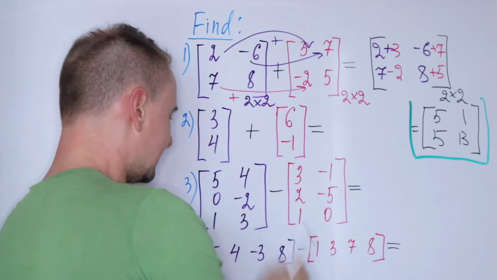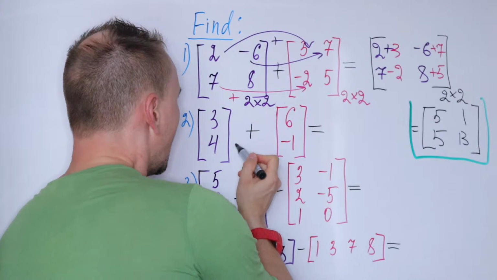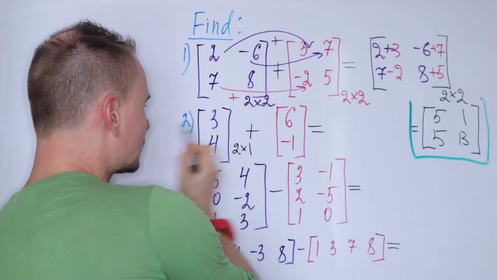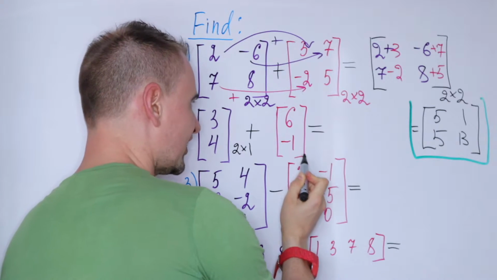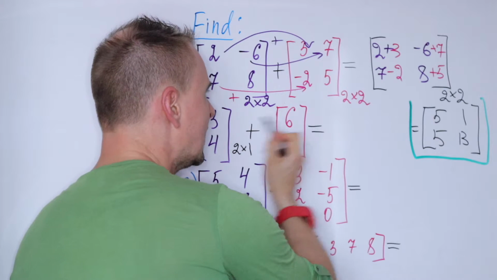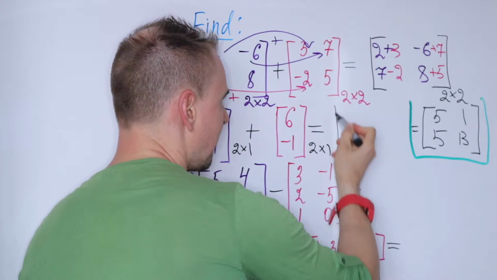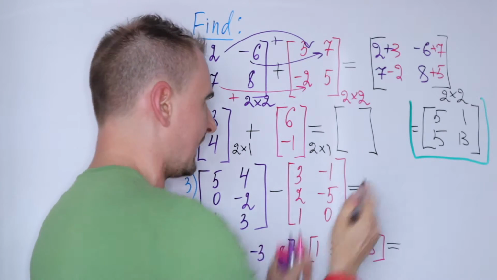So notice that the size of the first matrix is 2 by 1, since you have 2 rows and 1 column. And for the second matrix, you have the same size or the same order, 2 by 1. So your resulting matrix has the same size, 2 by 1.